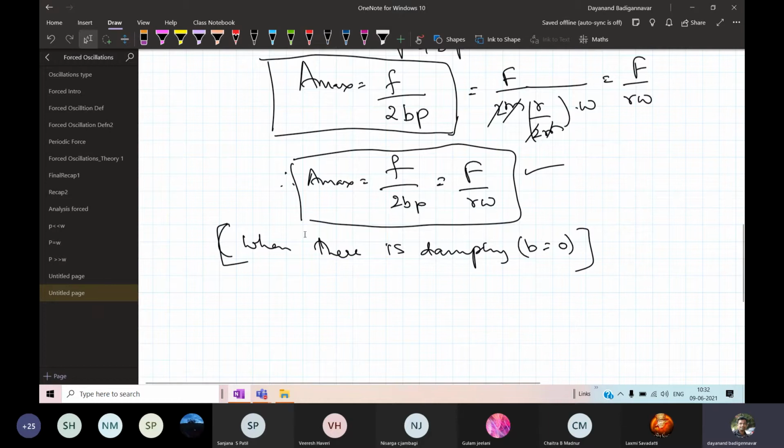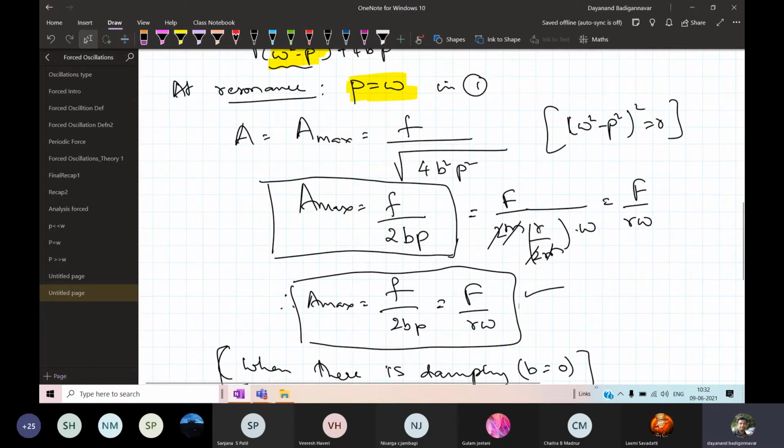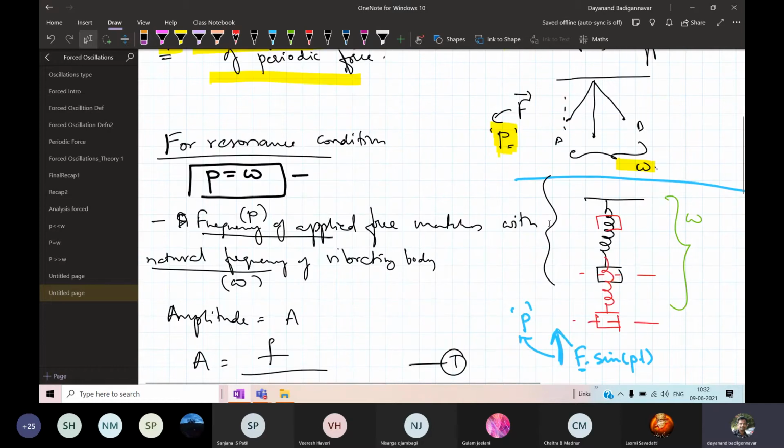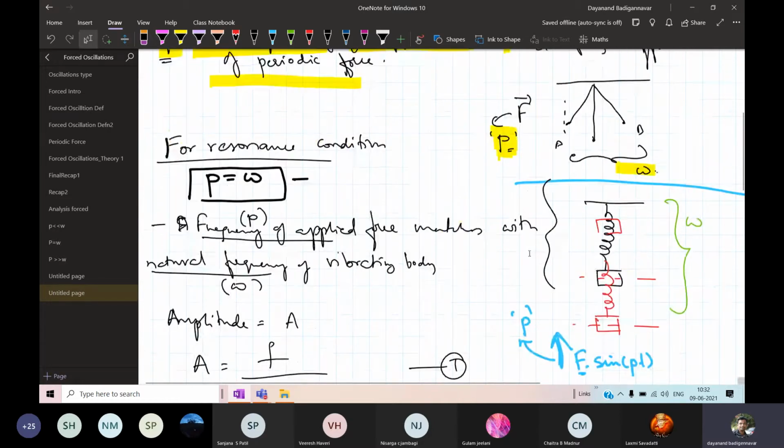Now, if there is damping in the system, damping means there is some opposition in the form of airflow. Air is moving from this side, and also approaching from this side or this side. This is acting as damping. So when there is damping, how is the resonance condition changing?